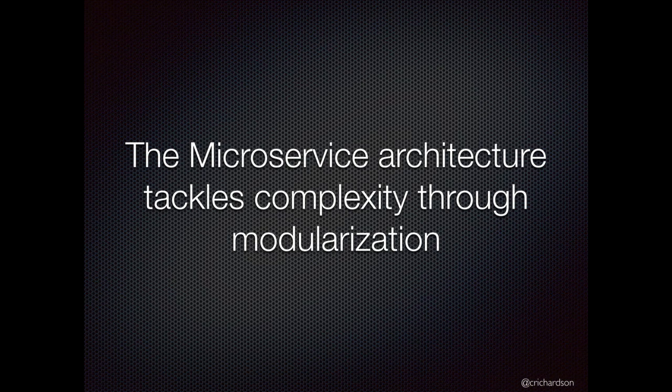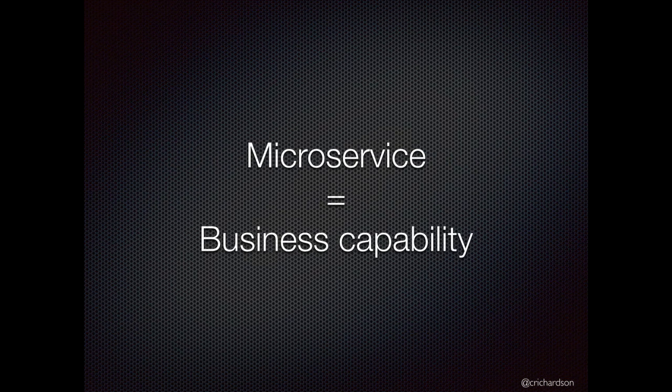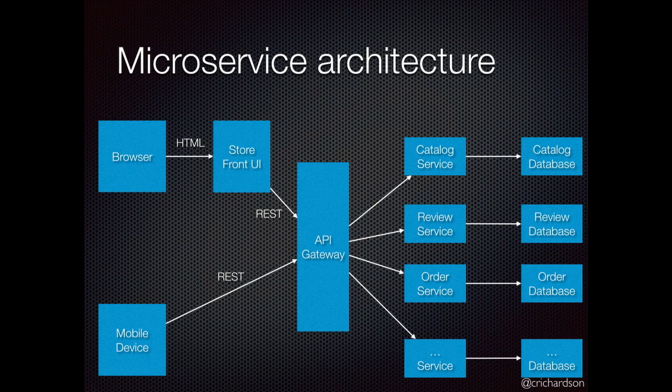And then the microservice architecture takes it to a different level, where the high-level modules in your system are, in fact, services. Each service corresponds to a business capability, or in other words, a business function. So instead of building an application that consists of a single executable or deployable unit, you are building a system that consists of a set of services, each service performing a particular business function. So you end up with an architecture that looks like this.